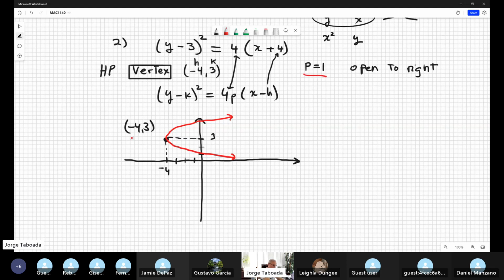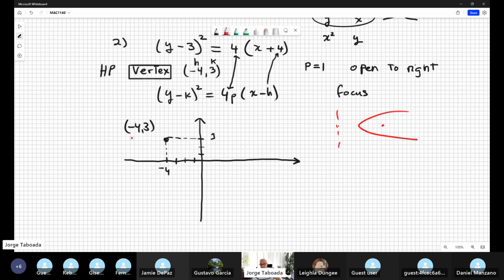But be careful, we need more information to do the graphics. The focus is located at distance p from the vertex. Of course, the focus is always inside the parabola. I predict that my parabola is like that, the focus is here, never outside.